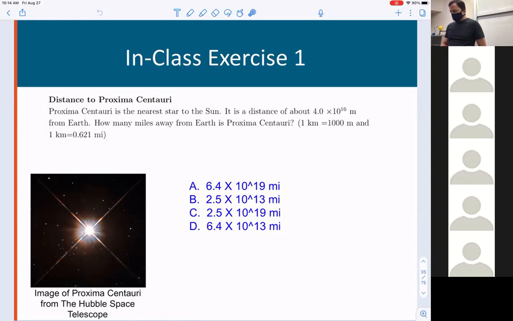We want to convert that into miles. How many miles away from Earth is Proxima Centauri? Again, we have the conversion from meters to kilometers and kilometers to miles. This is an image of the star from the Hubble Space Telescope.